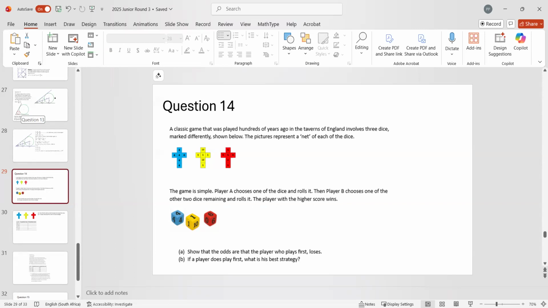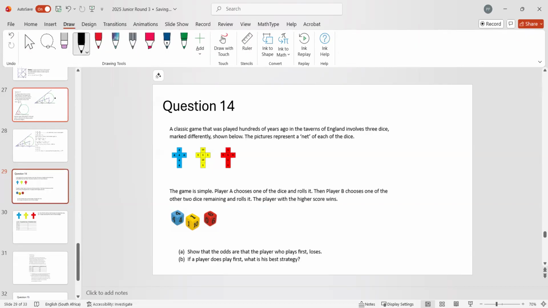This one, it'll show a 10 sometimes and 1 sometimes. But since there are only 2 10s, it will show 10s probabilistically 1/3 of the time, because there are only 2 10s and 6 numbers altogether. So the probability of getting 10 is 1/3, while the probability is 4/6 for the 1. So the 1 will occur 2/3 of the time.